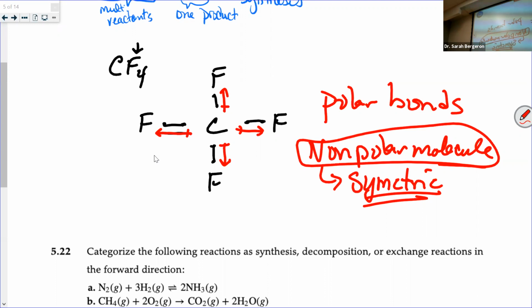Now, what if you have a different atom on one side? Then it's no longer balanced. What if I had hydrogen here? Now this bond is nonpolar, so this molecule has an overall polarity going that way. So it's a polar molecule, not all polar bonds.